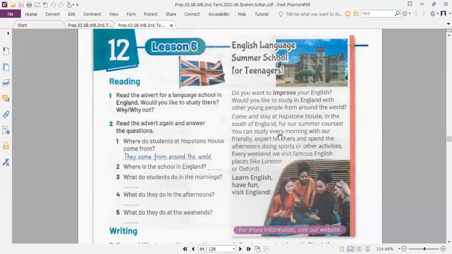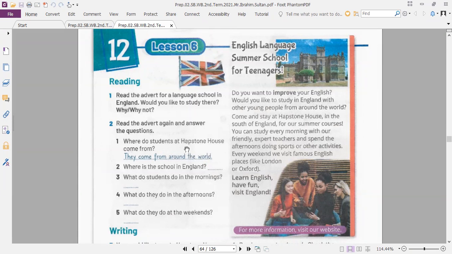You can study every morning with our friendly expert teachers and spend the afternoons doing sports or other activities. Every weekend we visit famous English places like London or Oxford. Yes, learn English and have fun. Visit England. This is an advert.